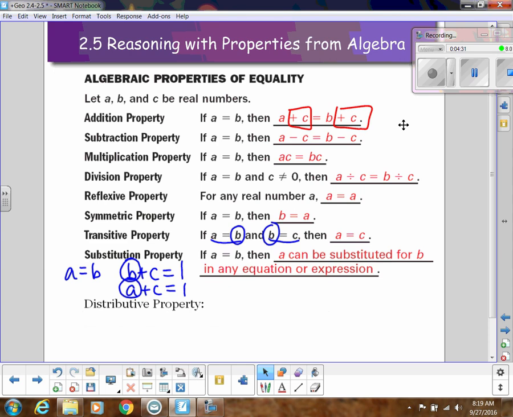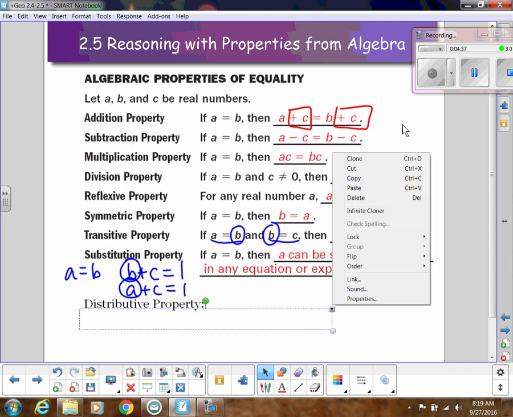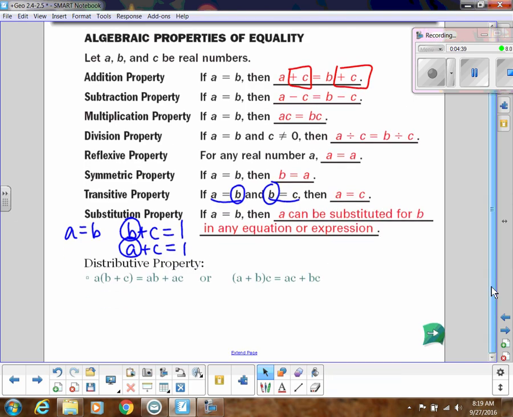And then the distributive property, this looks a little different. Here we don't have to start with an equation. It's just an expression. It could be done in an expression or it could be done within an equation. But if we have a times (b plus c), then we can distribute that to equal a times b plus a times c.